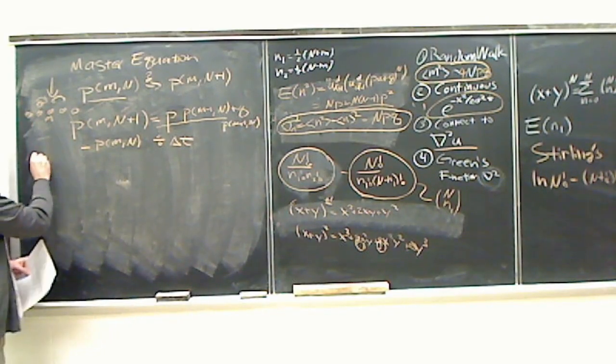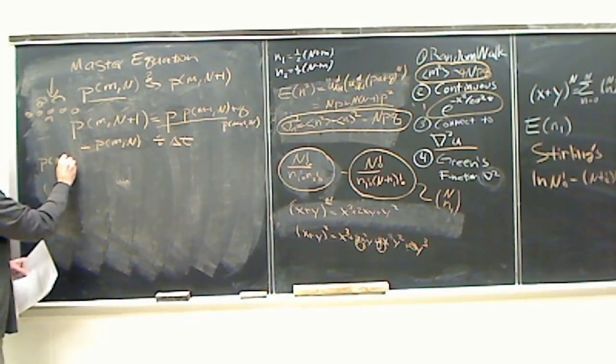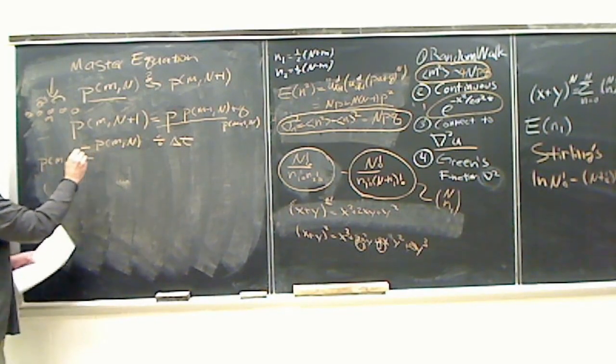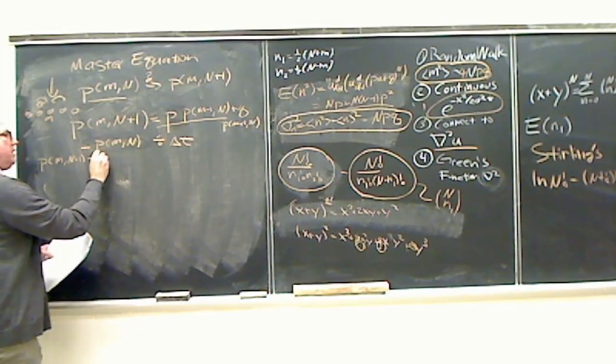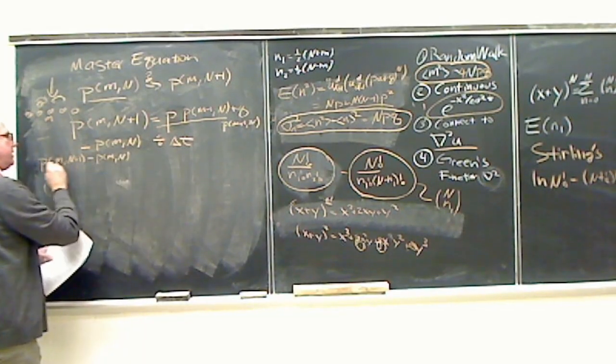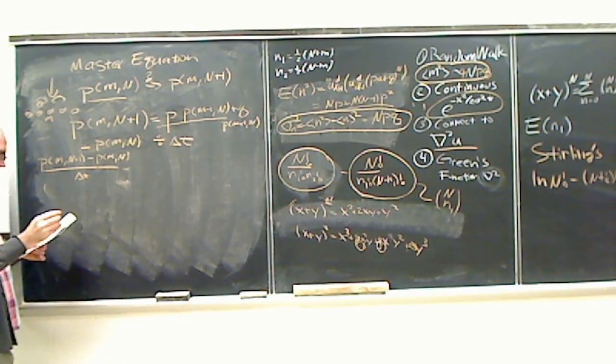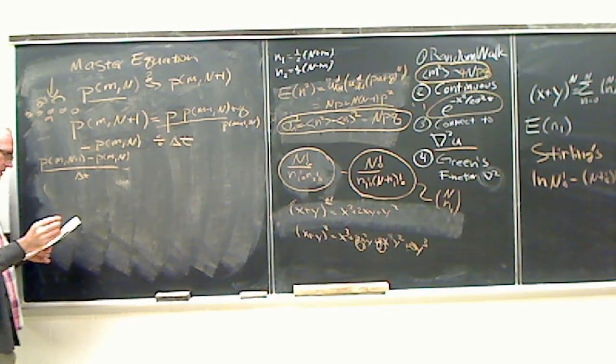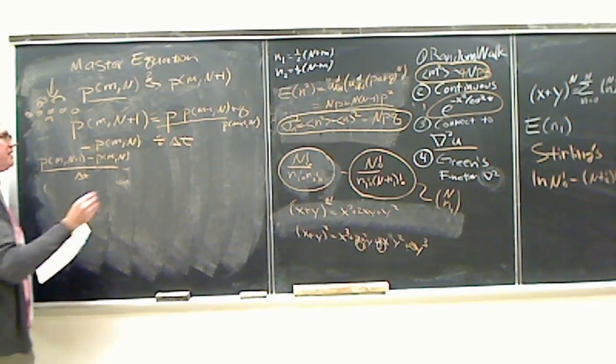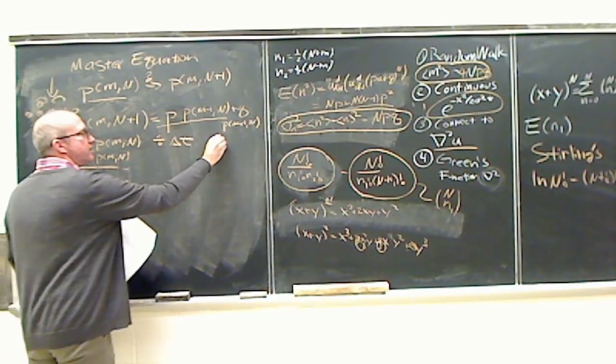So this is going to turn into P of m, n plus 1 minus P of m, n, divided by delta t, and that equals, we also are going to do some stunts with some delta x's.